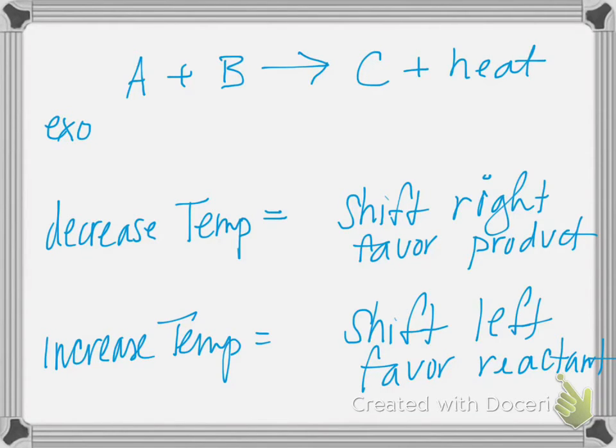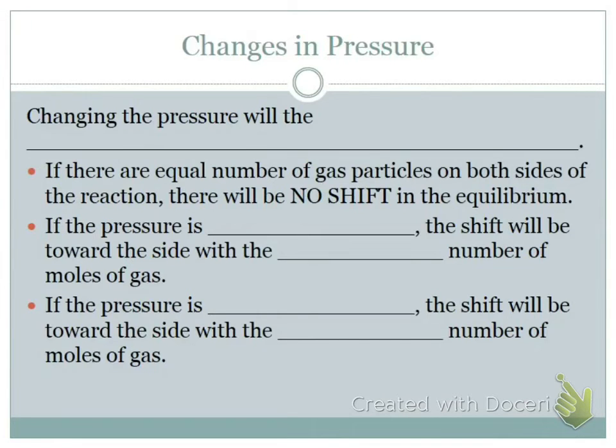So I think that brings us to changes in pressure. Is anybody still writing before I move on? So when I'm changing the pressure, we said earlier changing the pressure will affect gases only.